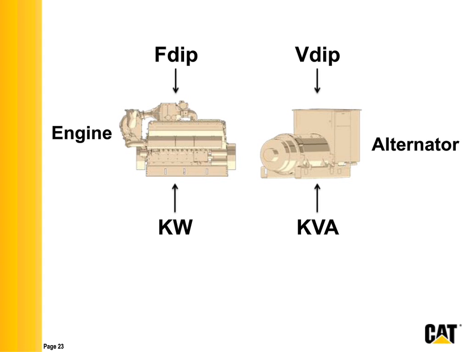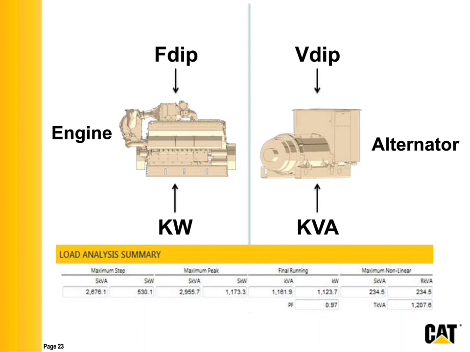So you've got different sizing parameters that your loads will calculate. You've got your running kW, you've got your starting kW, those are the engine. You've got your running kVA and you've got your starting kVA. That's the alternator.